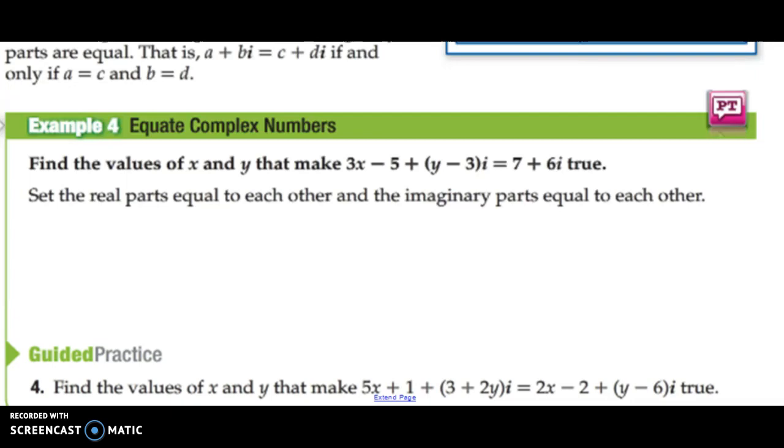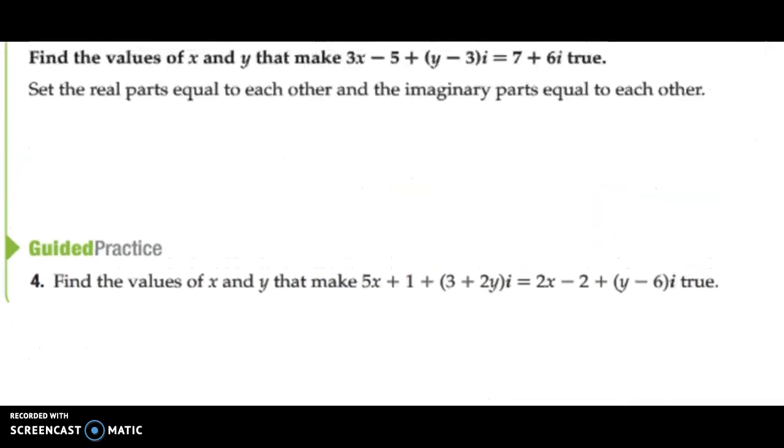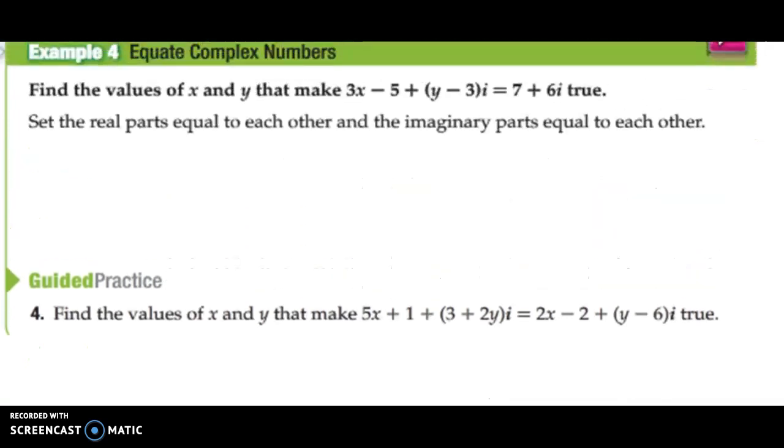So example 4 says, find the value of x and y to make 3x minus 5 plus y minus 3i equal to 7 plus 6i true. So what we're going to do for this one is basically solve each one independently.